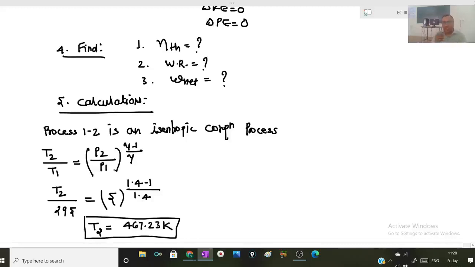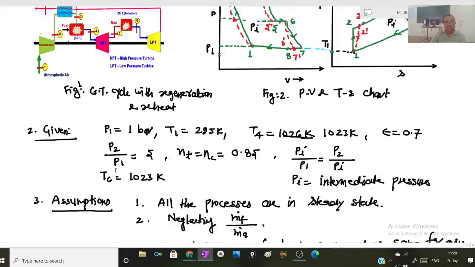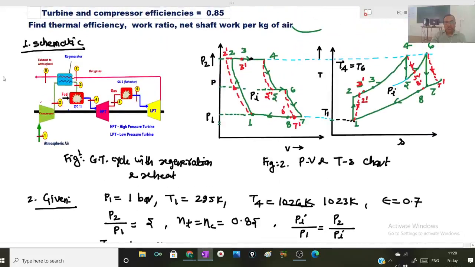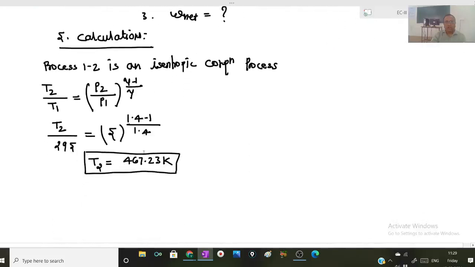But T2 is not the actual temperature what we are going to get in the cycle. T2 dash is the actual temperature. So I have to calculate this. For that I have to consider actual compression process.